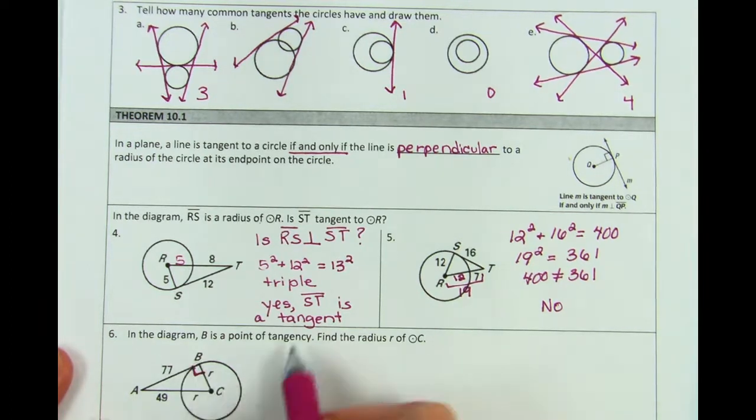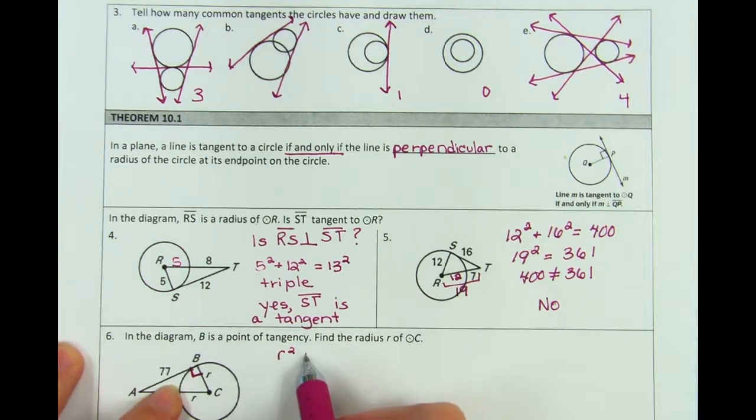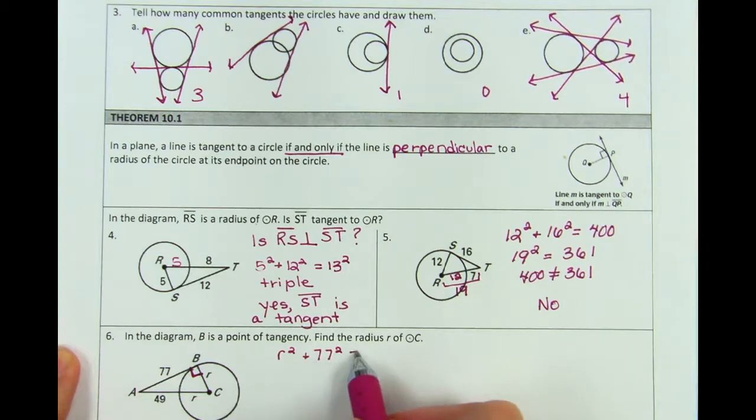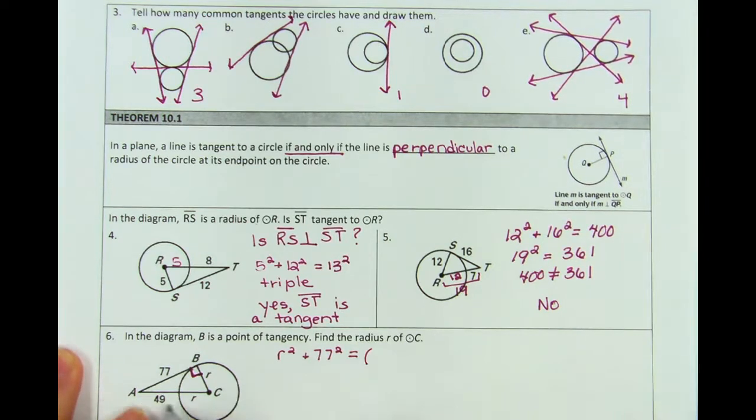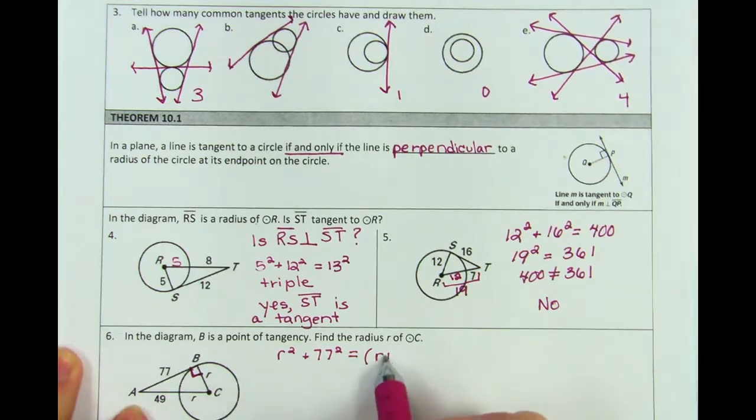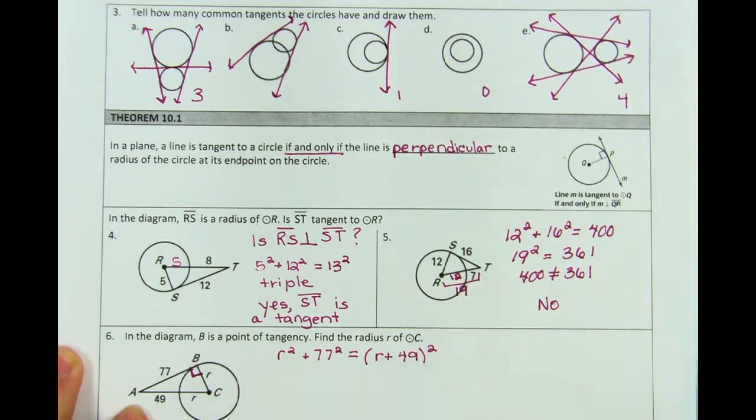This side, r squared plus 77 squared equals r plus 49 squared.